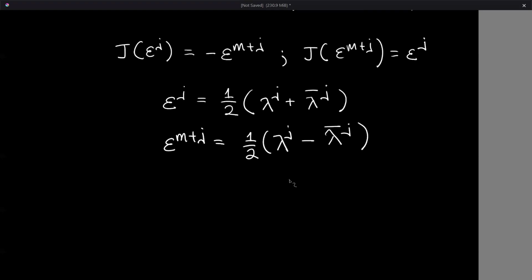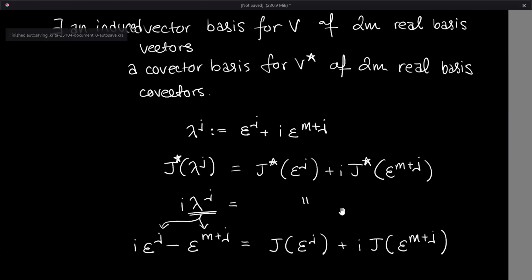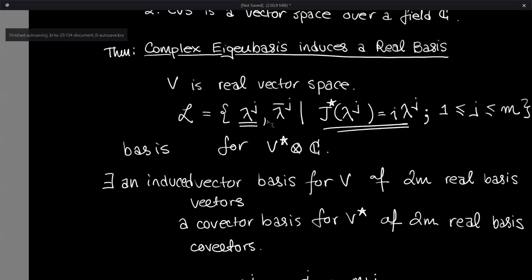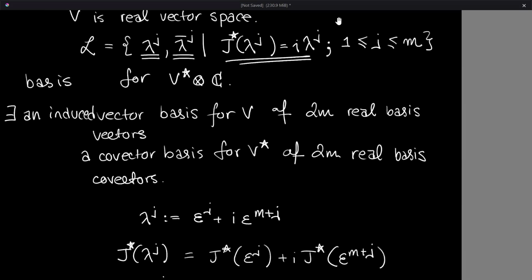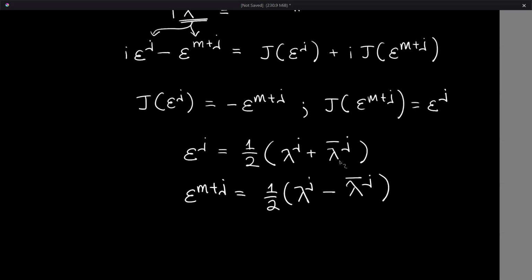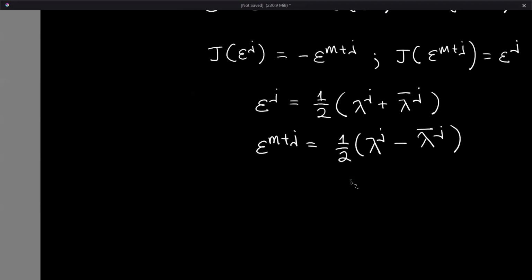Remember that in L we have lambda j and we have just as many lambda bar j's, and of each of these we have m of them. So what we're doing here is we're pairing them up, pairing lambda 1 with lambda bar 1 and so forth up to lambda m and lambda bar m. So this gives us the real and imaginary parts.